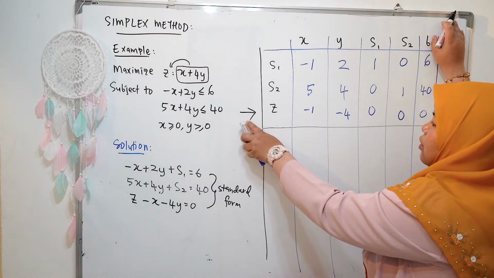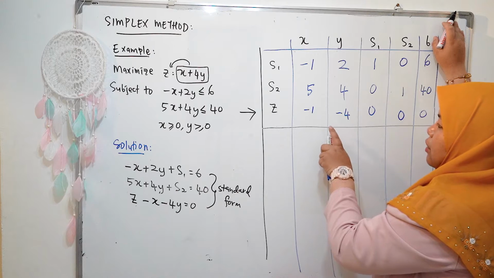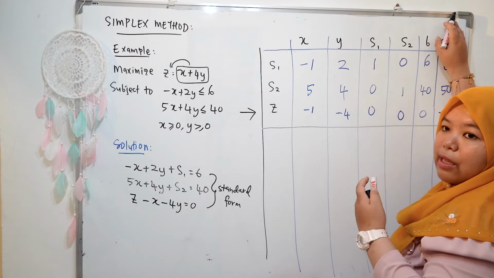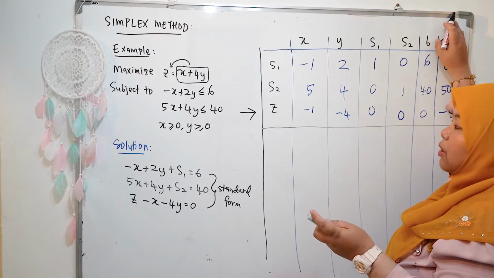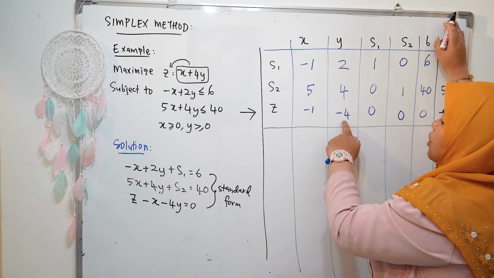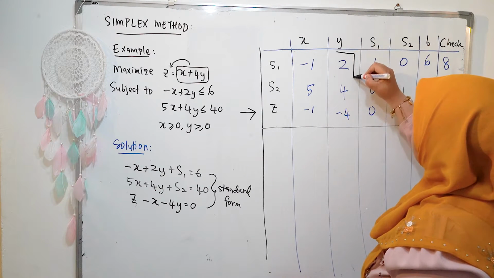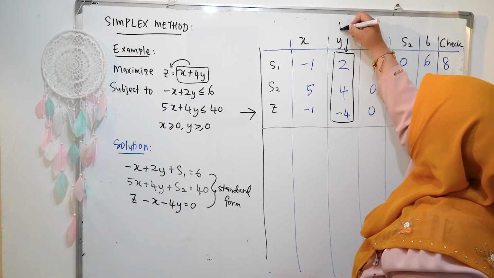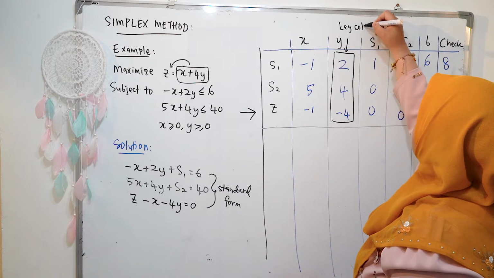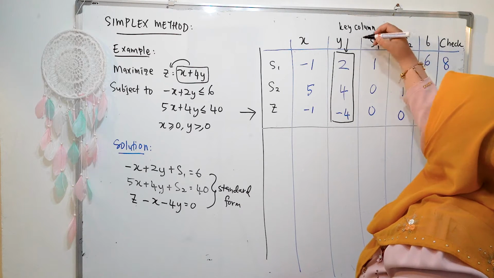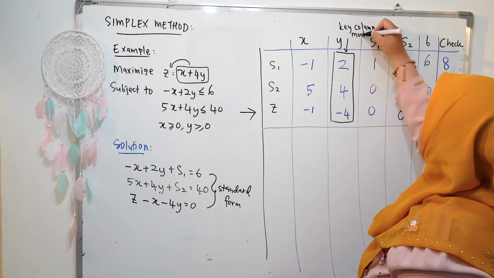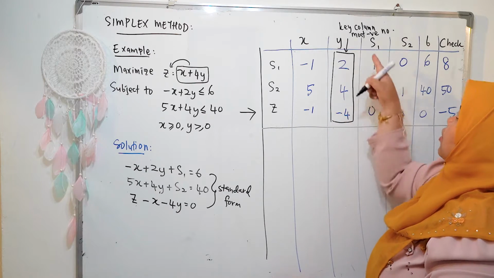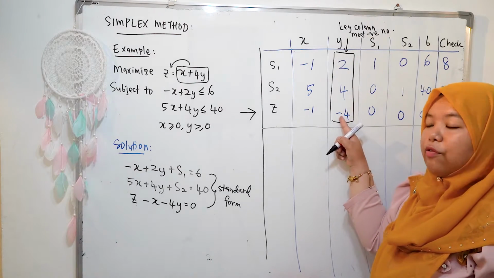For the objective function, we just have two options, which are negative 1 and negative 4. The most negative number is negative 4. So this is the key column.